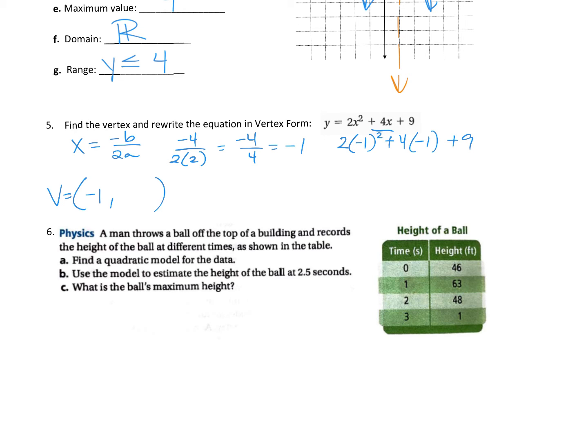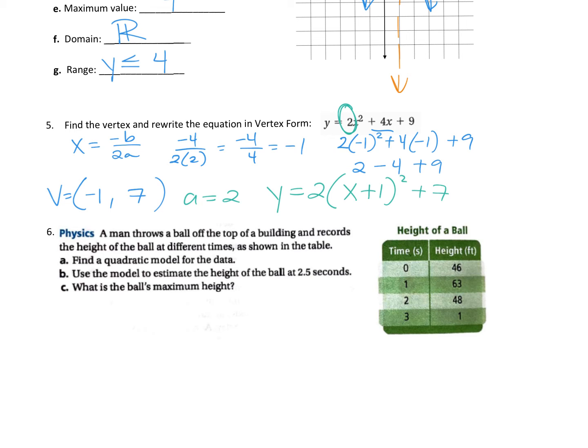Simplify that. So -1 squared times 2 is just 2, minus 4 plus 9. So -2 plus 9 is 7. And then you just borrow that a value to put it into vertex form here. So y equals your a value, 2, times x minus -1, which is x plus 1 squared, and then plus your y value, which is 7.